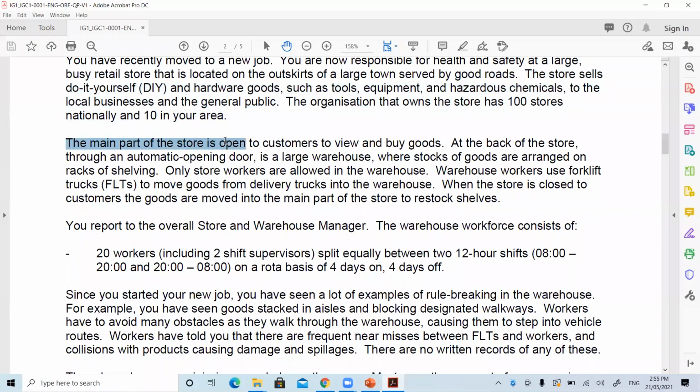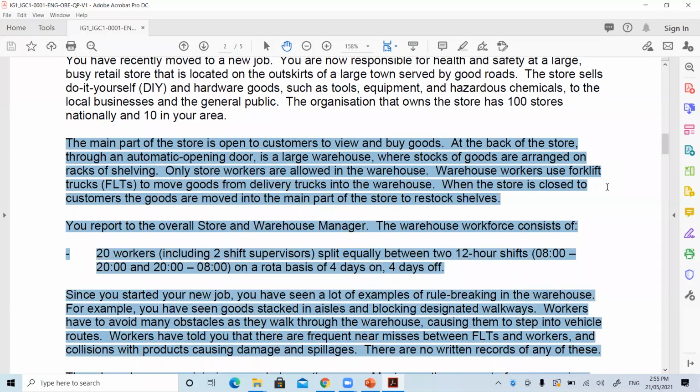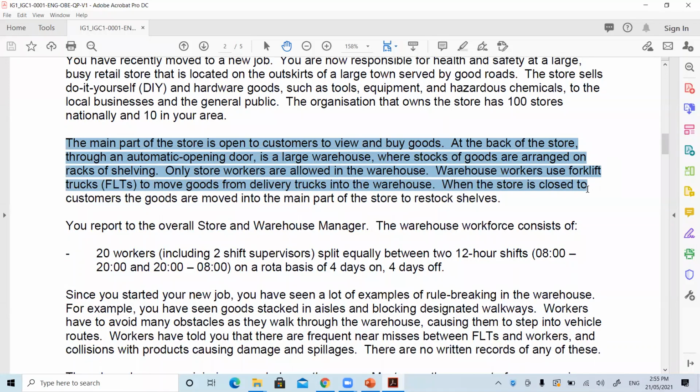Now, the main part of the store is open to customers to view and buy goods. At the back of the store, through an automatic opening door, there is a large warehouse where stocks of goods are arranged on racks and shelving. Only store workers are allowed to go in the warehouse. Warehouse workers use forklift trucks, FLTs, to move goods and delivery trucks into the warehouse.